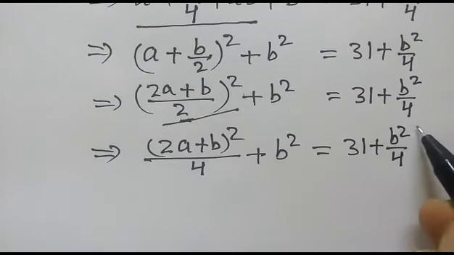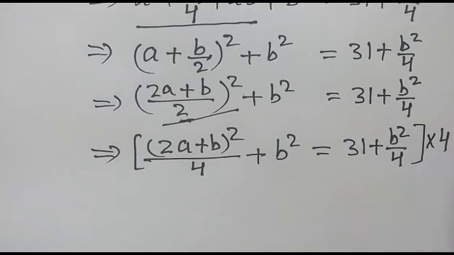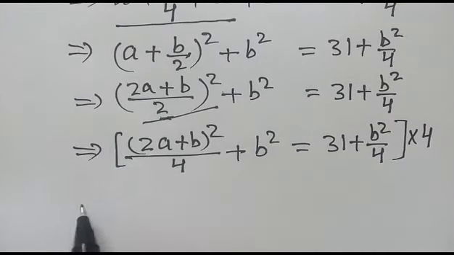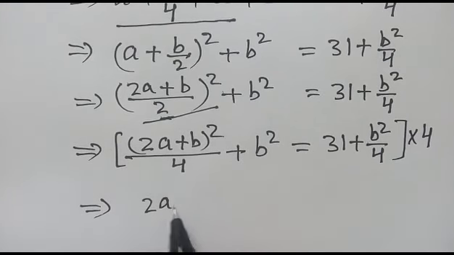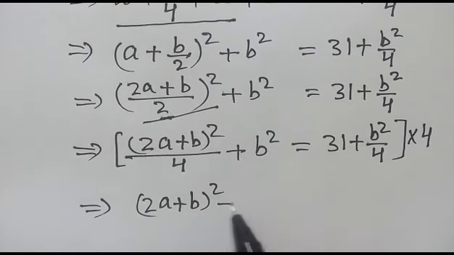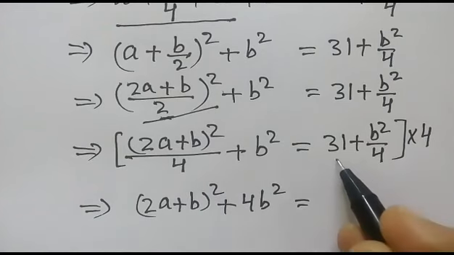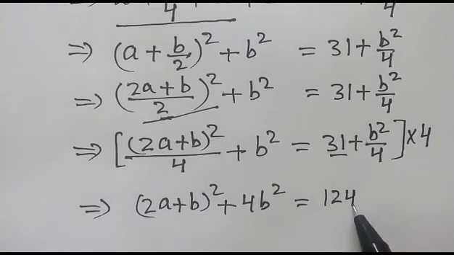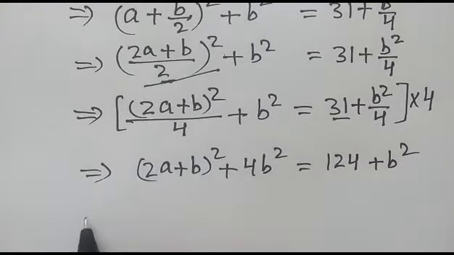Now if we multiply the whole equation by 4, we get (2a plus b) whole square plus 4b square is equal to 31 into 4, 124 plus b square, right?